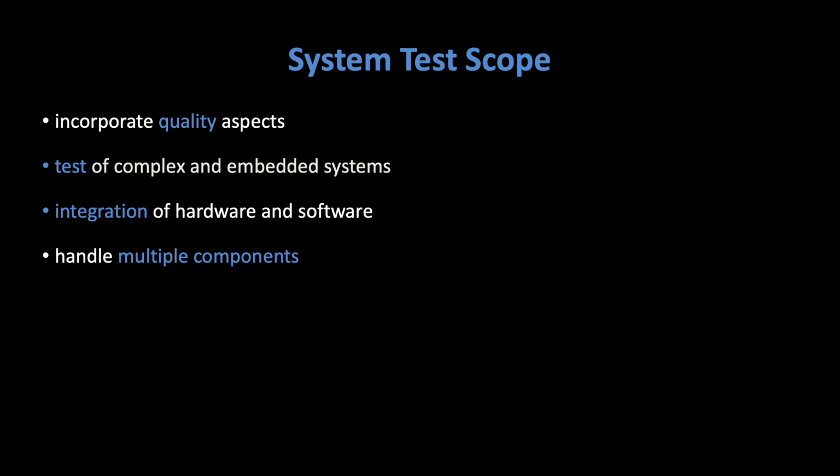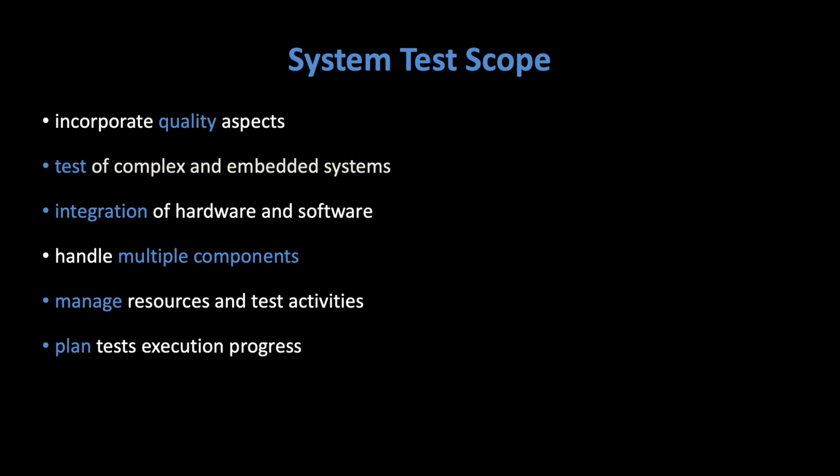You have to handle multiple components of the system and take them into account of your planning, execution, monitoring, etc. And you have to manage human resources, test infrastructure, and all processes overall.